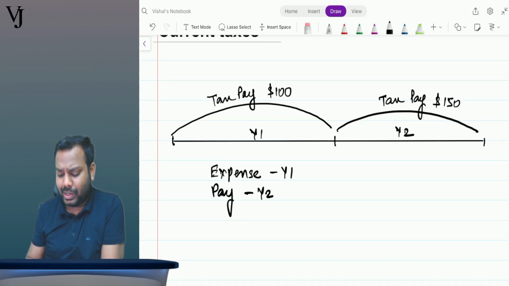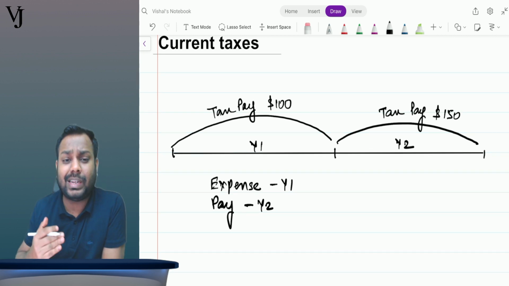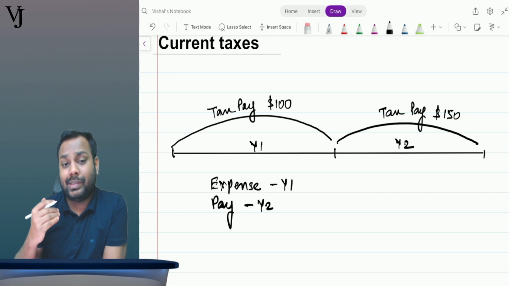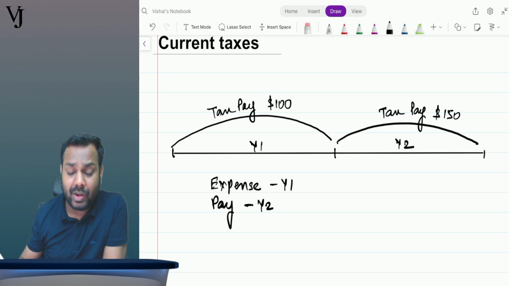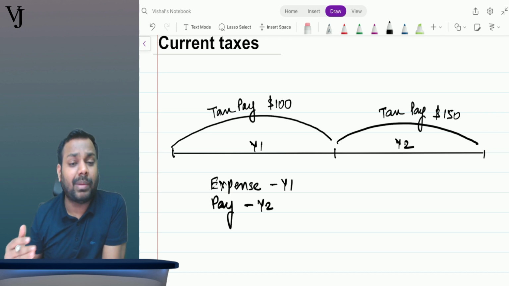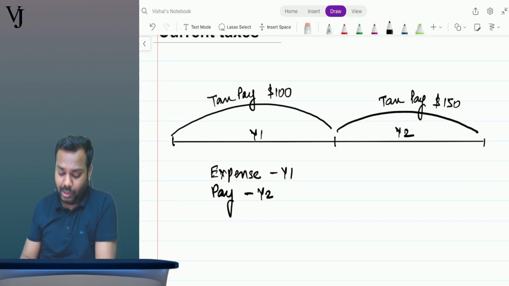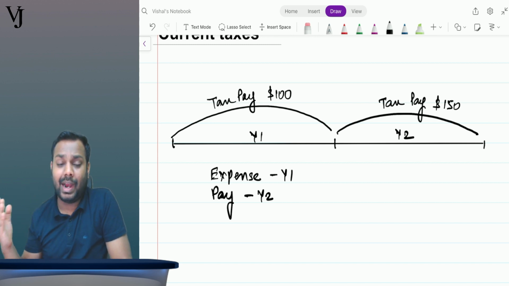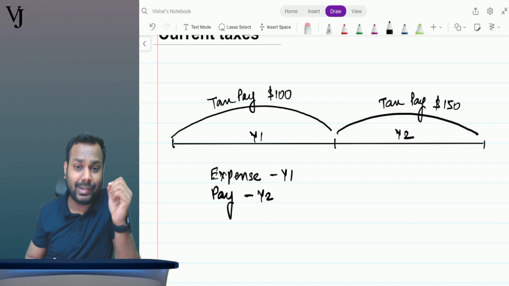And as we know, this amount is not certain, it is just an estimated amount, and hence it is subject to change in the future. Meaning, when we pay it, this amount might change. So since this is an expense for year 1 paid in year 2, and the amount is not certain, in year 1 we record the journal entry.